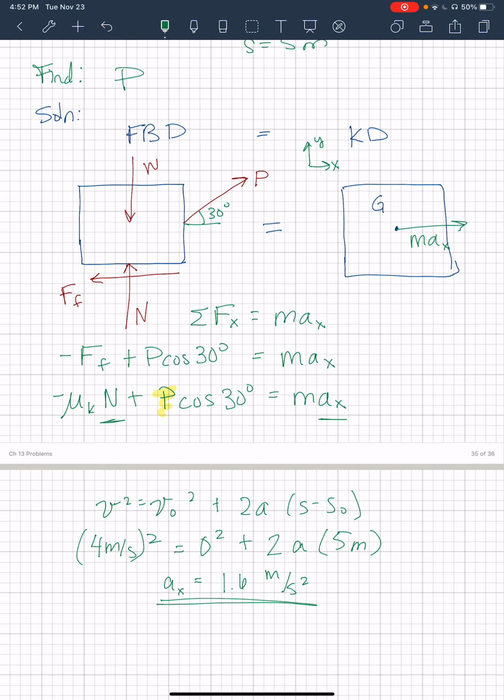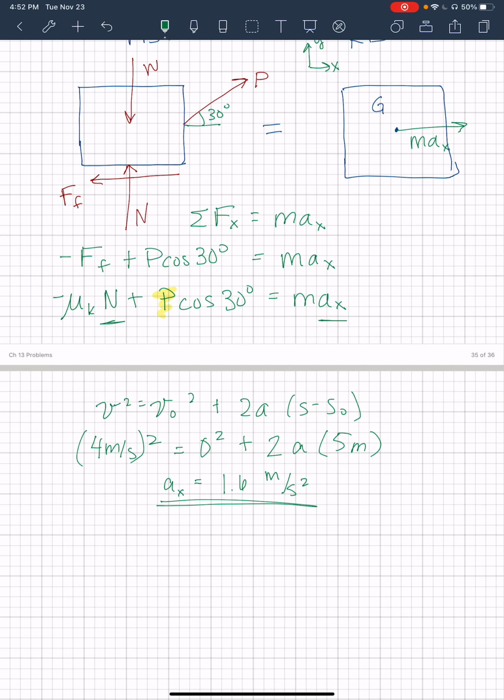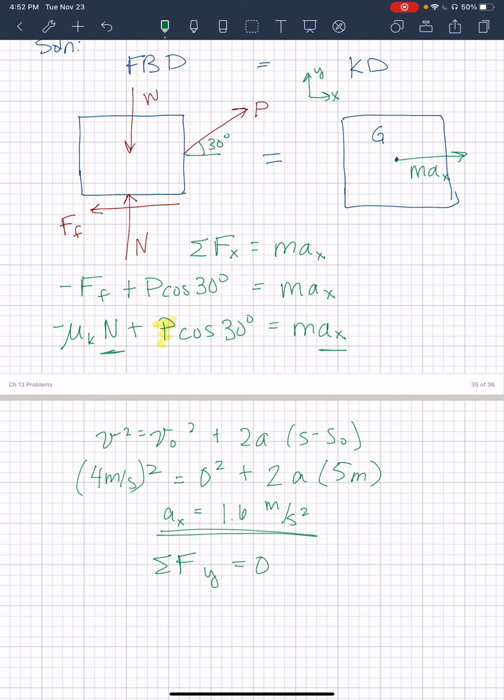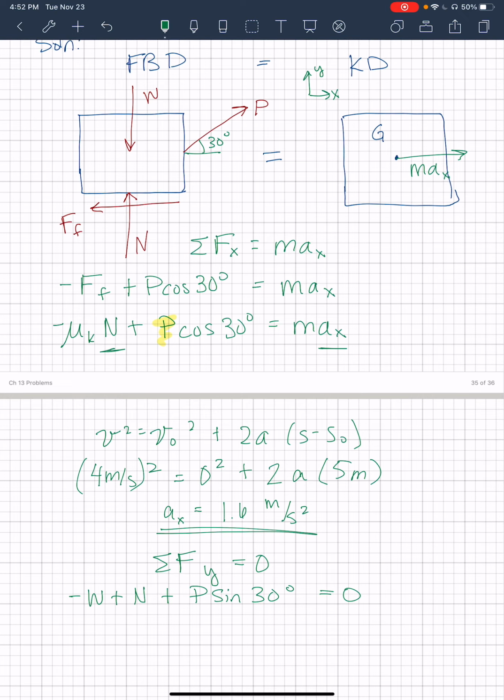So we have that a sub x. We also need the N. To solve that, we can use our other equation: the sum of the forces in the y direction equals 0. So looking back up at the free body diagram and kinetic diagram, for the y direction we have negative W plus N plus P sine of 30 degrees equals 0.